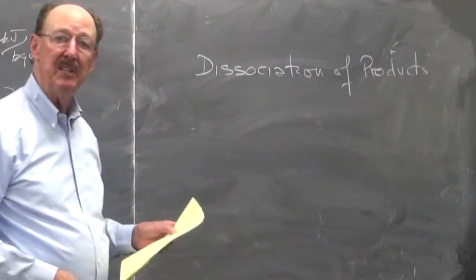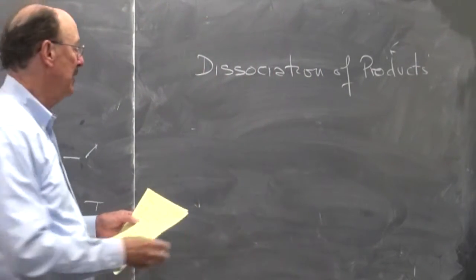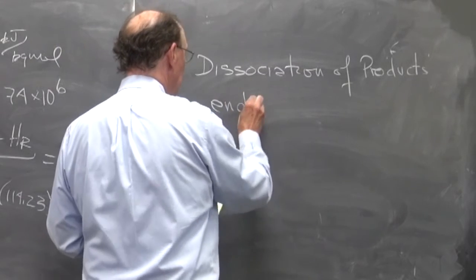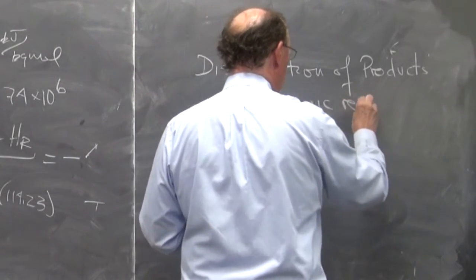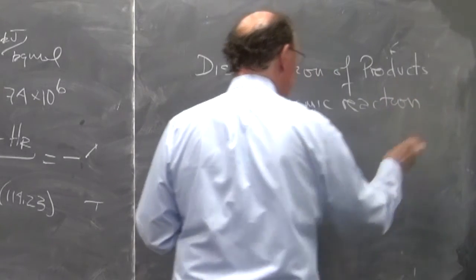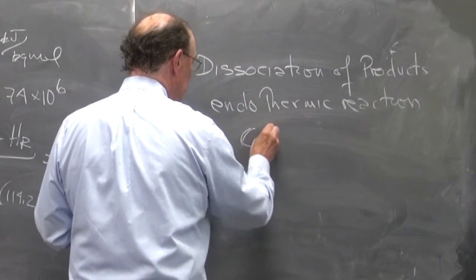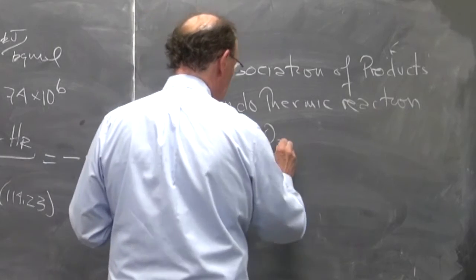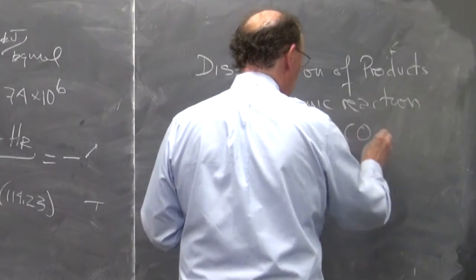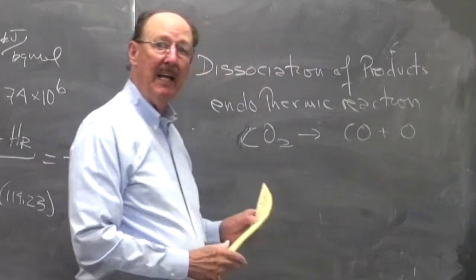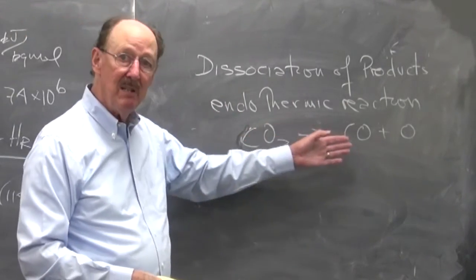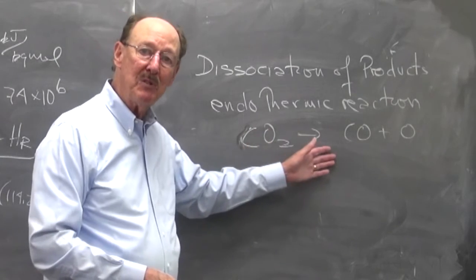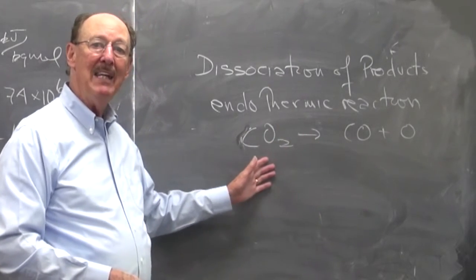It's an endothermic reaction. For instance, I might have CO2 going to CO plus O or something like that. When the temperature is high, it drives the reaction backwards, and I need to account for that.